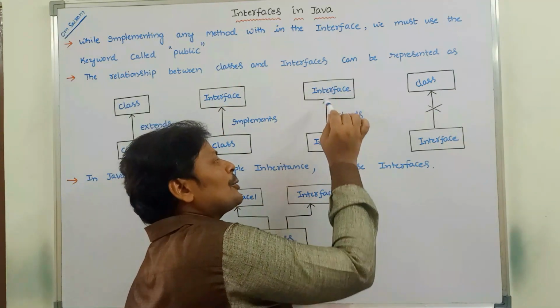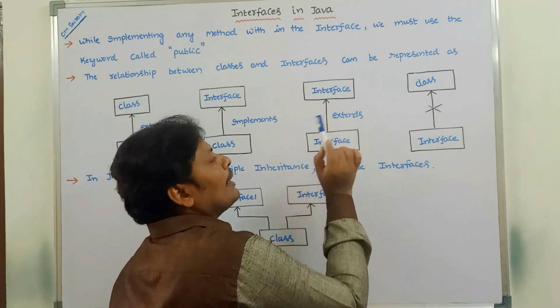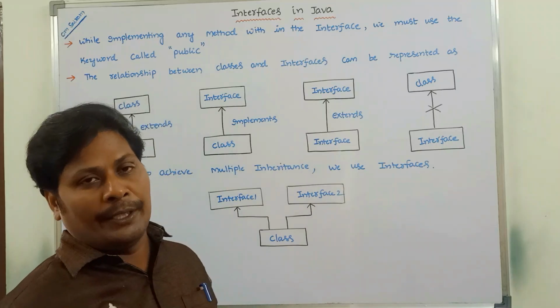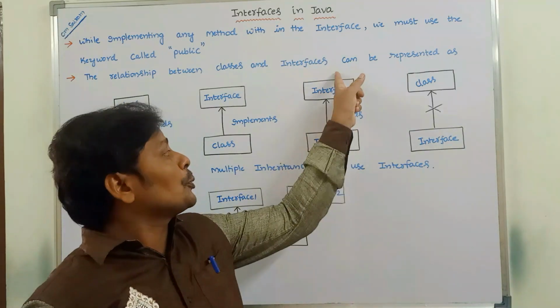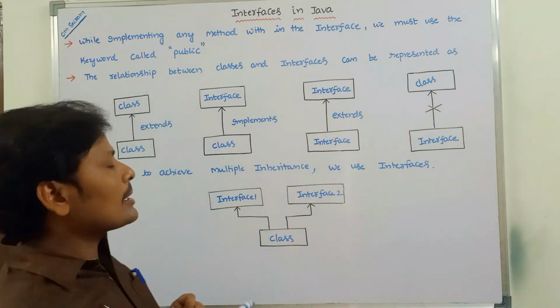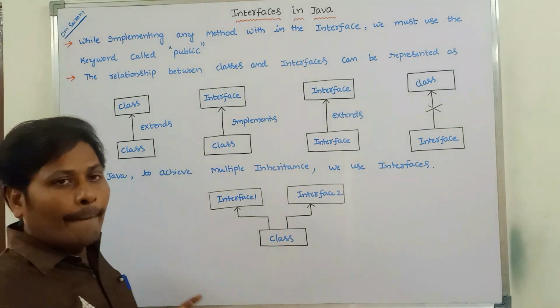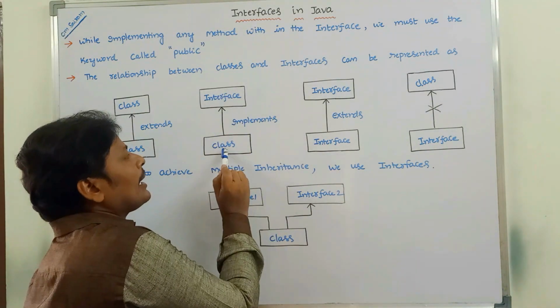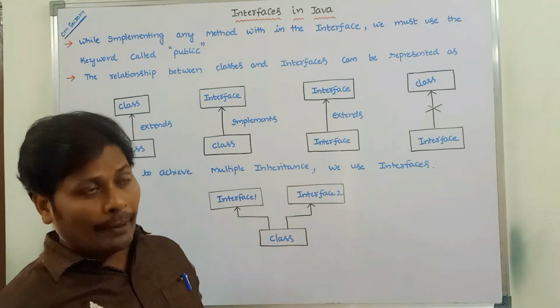Next, between two interfaces, we have to use the extends keyword. So the extends keyword can be used between two interfaces, and between two classes. Between interface and class, we have to use the keyword implements.